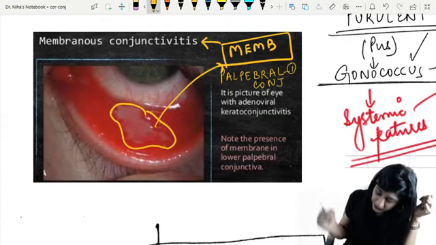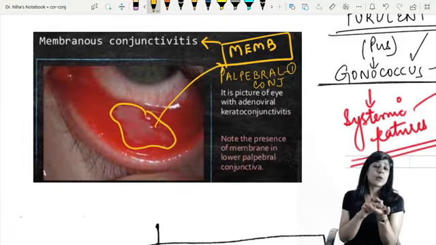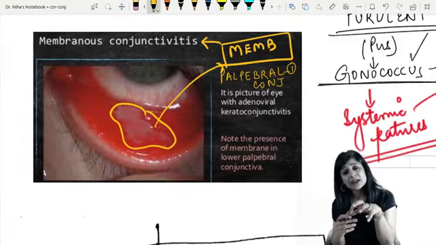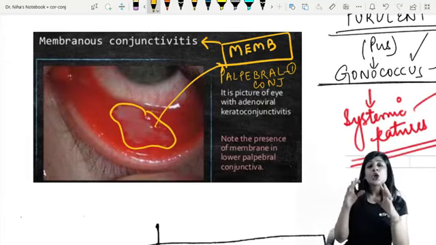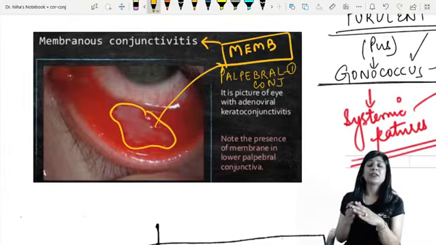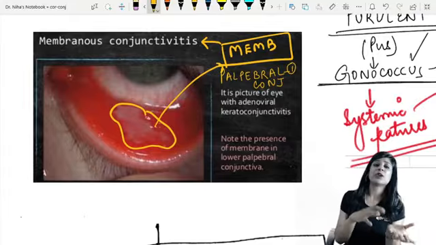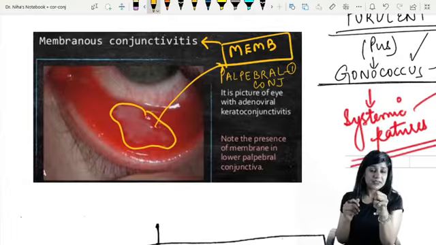The first important thing. Now, just by looking, you cannot say whether it's a true membranous conjunctivitis or it's a false membranous conjunctivitis. So this membrane which is present in the palpebral conjunctiva, it can be densely adherent or it can be loosely adherent. So if it is densely adherent, there will be bleeding on peeling it off. A very, very important thing.